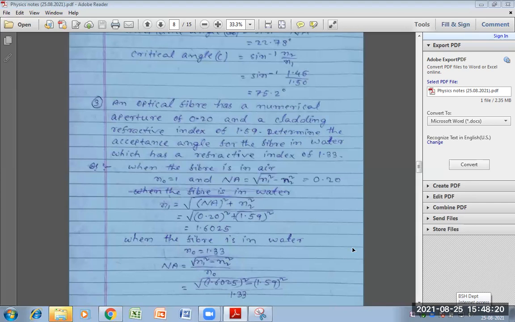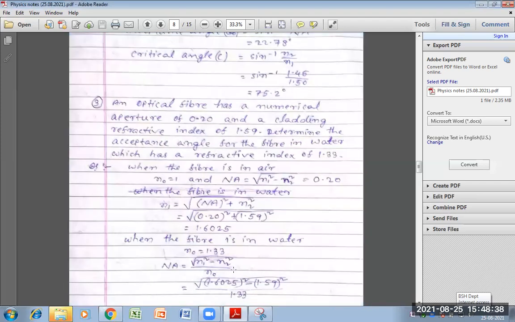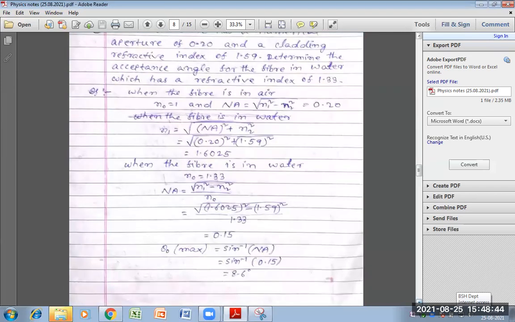So the value of n2 is 1.59 whole square divided by n naught. n naught का value है कितना? रिफ्रैक्टिव इंडेक्स जब वाटर में है तो इसका रिफ्रैक्टिव इंडेक्स कितना दिया? फाइबर जब वाटर में है तो 1.33. उस केस में क्या आ रहा है? अब उसको सॉल्व किया गया, सॉल्व करने पर कितना आ गया? 0.15. हम लोगों को क्या निकालना है? एक्सेप्टेंस एंगल.